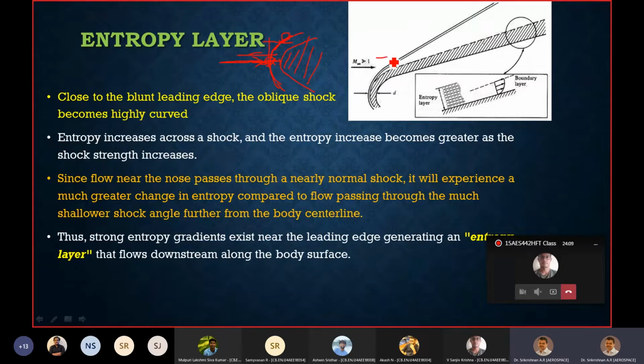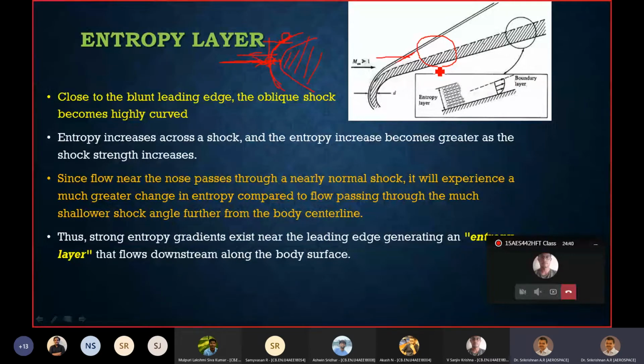Streamlines going away from the center are going through an oblique shock region. They also will have an increase in entropy, but it will be relatively low. So if you consider the combined region, you will invariably have a difference in entropy between different layers, because some have gone through a normal shock and some through an oblique shock. So there is going to be an entropy gradient.